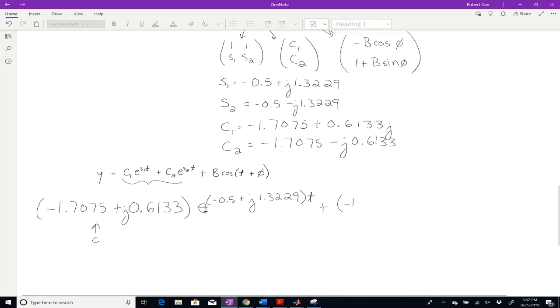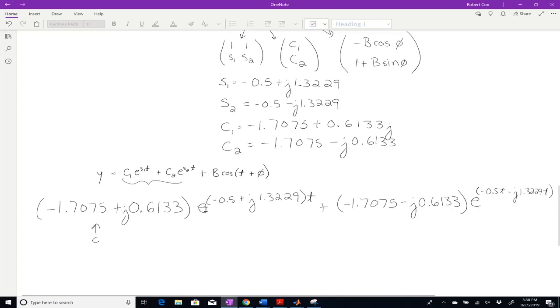So C2 is negative 1.7075 minus j times 0.6133, e to the S2t. So that becomes, in this case, I'm going to write this as negative 0.5t minus j times 1.3229t.